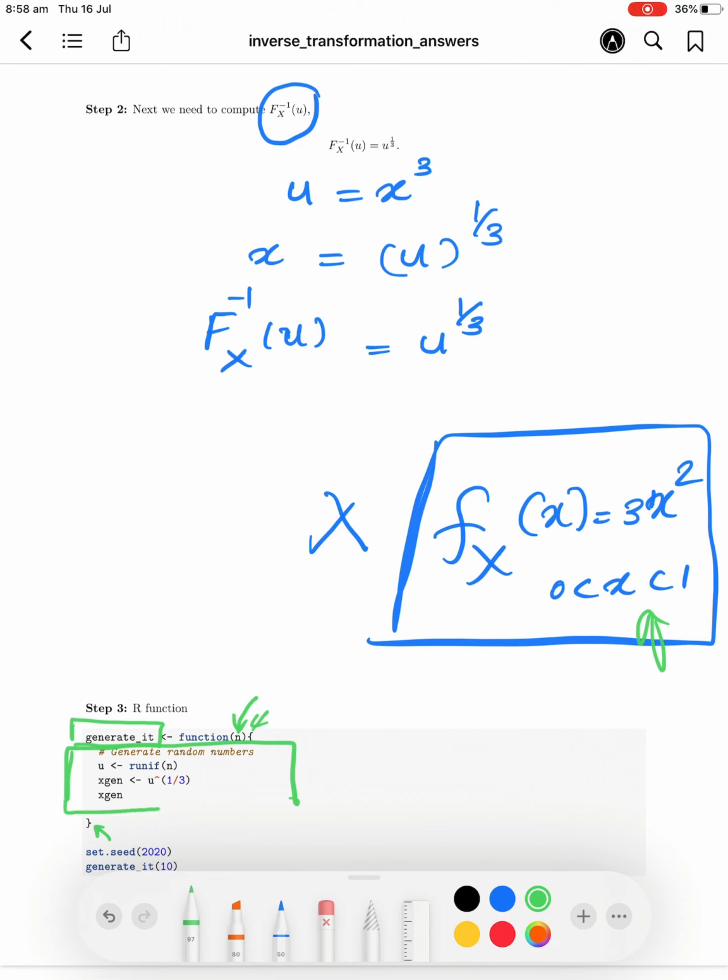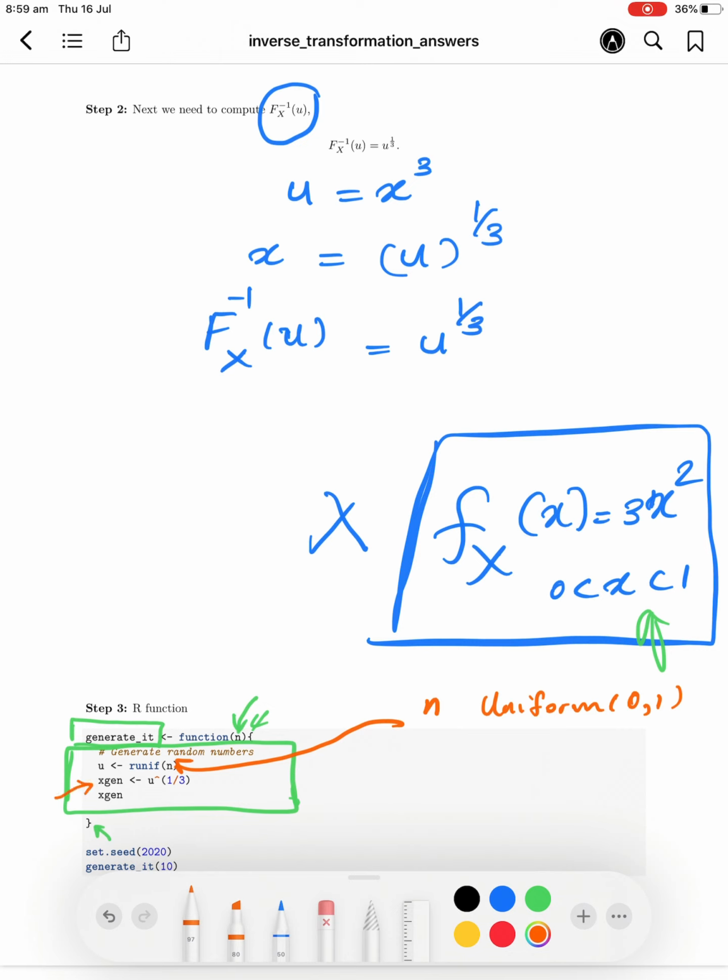Here this one is the function body. We first generate n random numbers from the standard uniform distribution, that's uniform 0, 1.